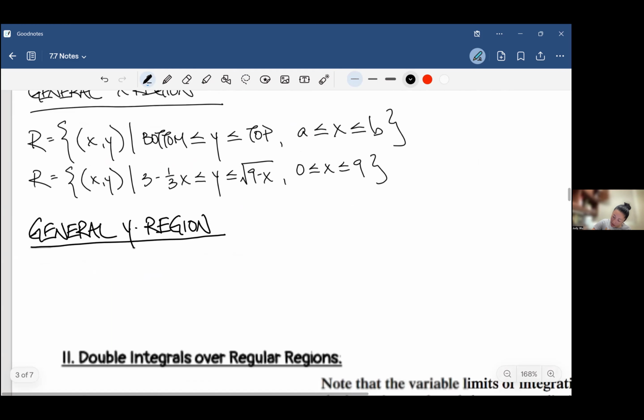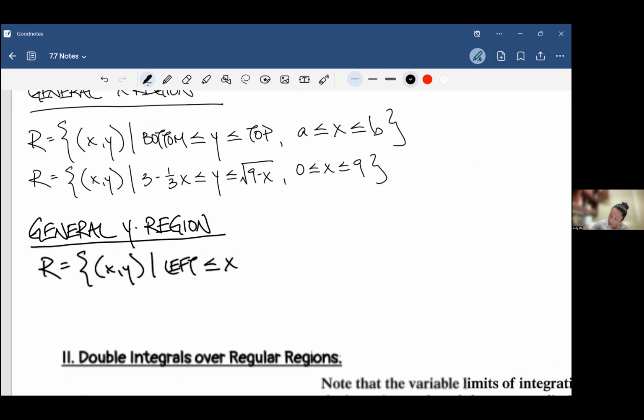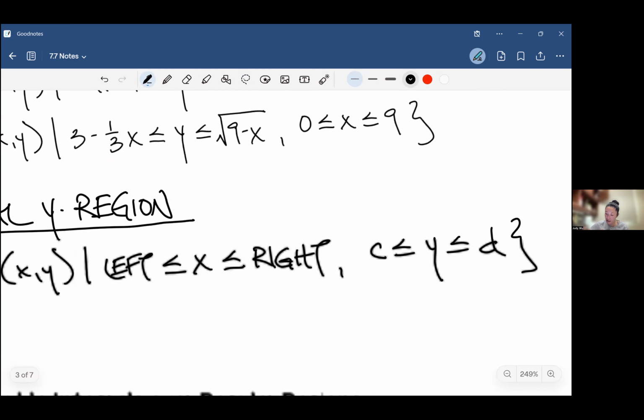My R is going to equal some point (x, y) such that I have the left, which is less than or equal to x, which is less than or equal to the right, and y is sandwiched between some numbers c and d.